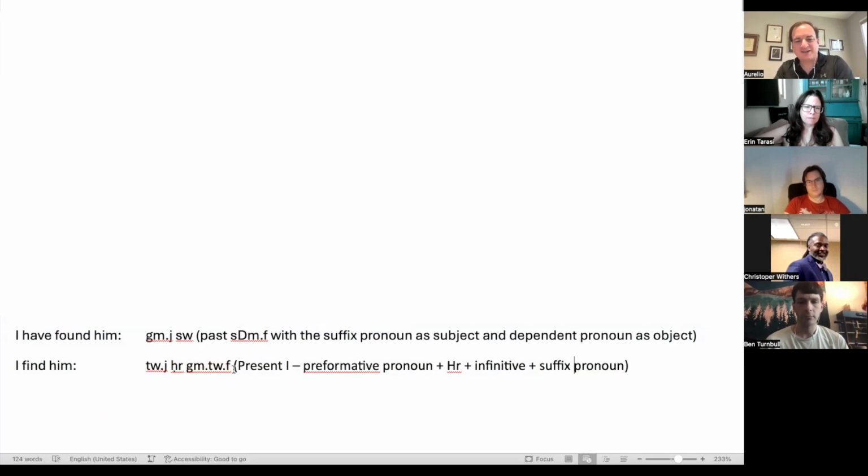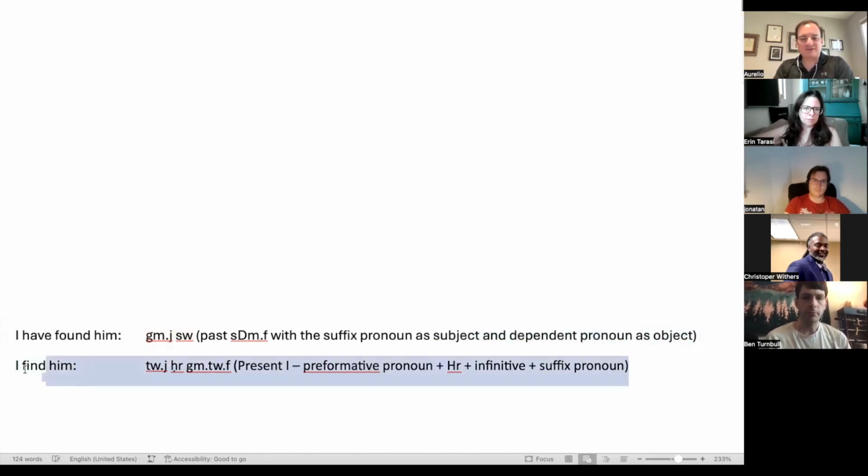You're sticking the suffix pronoun at the end of the verb, and if the verb is a weak verb, it actually gets a little t ending in the middle. If it had been sejem, it would just be sejemef. It would not be sejemtef. The t is just there because it's a weak verb. So in the past tense, you use the dependent pronoun. Takes some getting used to.